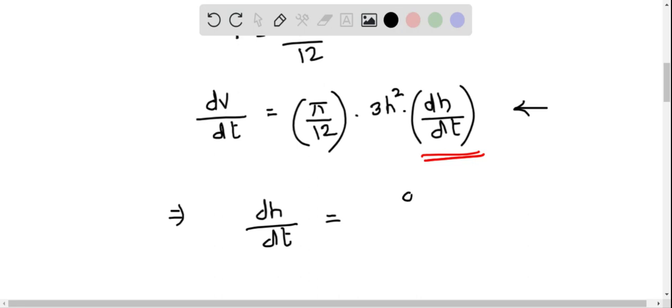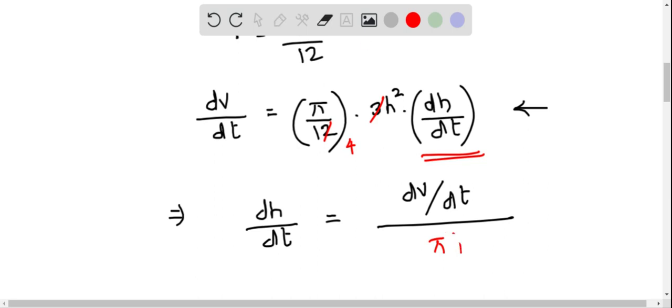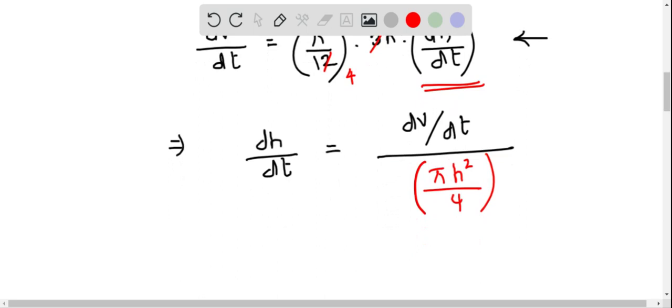So this is going to be dv by dt all over, we can simplify this, we have 4, so this is pi h squared by 4. So I'm going to divide by this quantity, pi h squared by 4. So now we can plug in the information that we have.